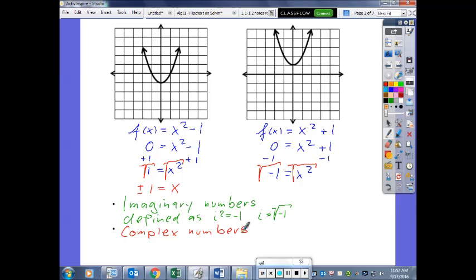And the complex numbers are usually written like this: a plus bi. And the a is the real part of that complex number, and the bi is the imaginary part of that complex number. So just to give you a few examples, 5 plus 2i is a complex number, but also 3 plus 0i can be written in a complex number format.